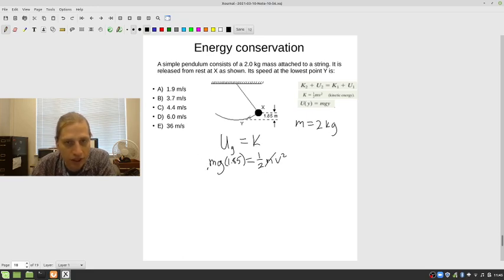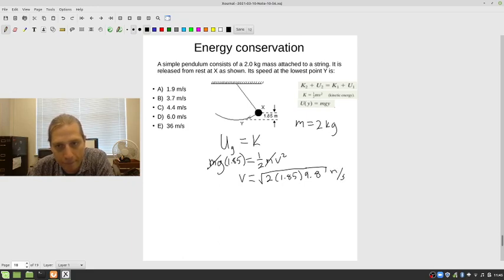The mass, turns out, cancels, and you could go ahead then and find that v equals the square root of 2 times 1.85 times g. Okay, so that's fine.